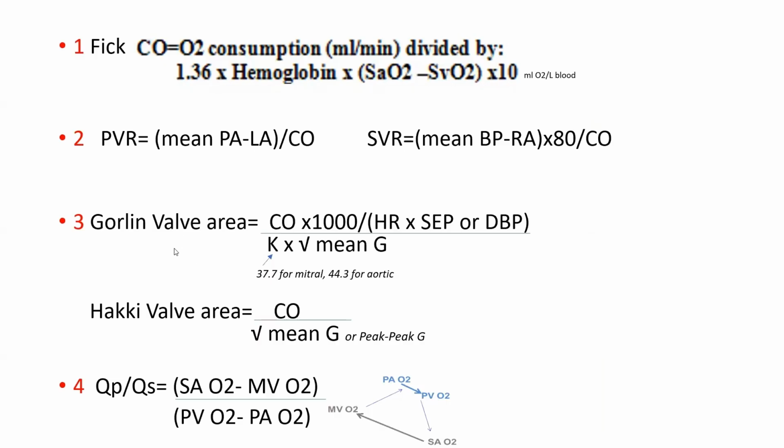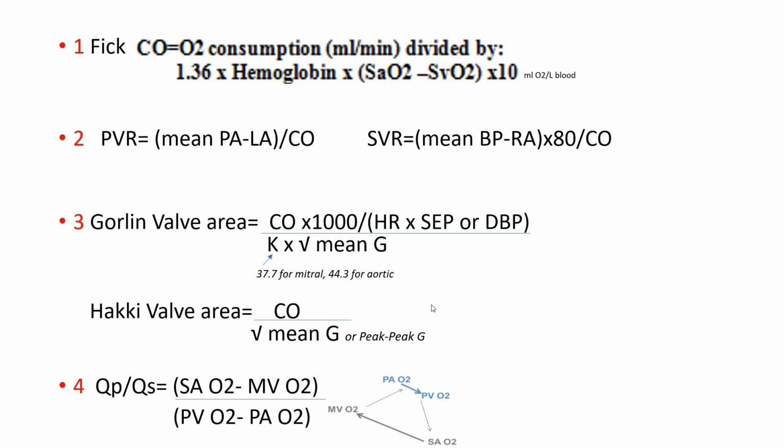So this is the Hakki equation. For a fixed valve area, when you get an increase in flow, you will get an increase in gradient. Actually, you'll get a squared increase in gradient, meaning if the cardiac output doubles, the gradient will quadruple.